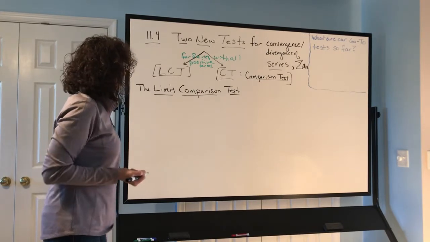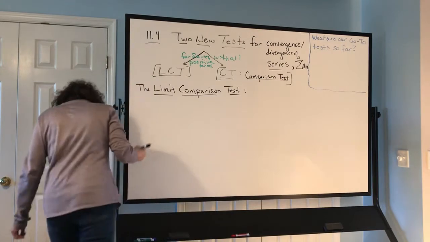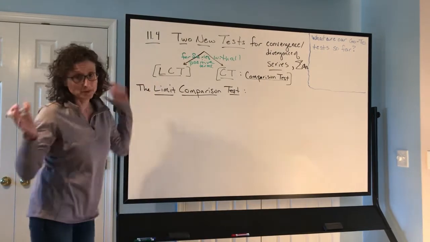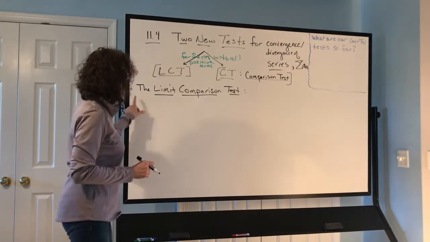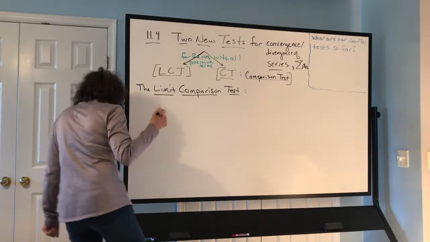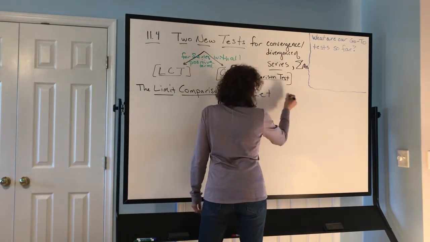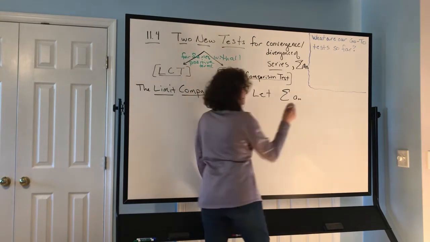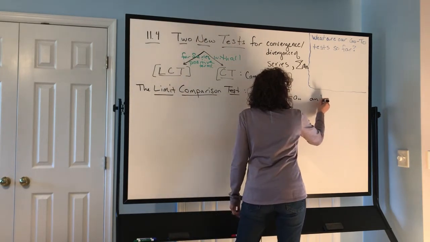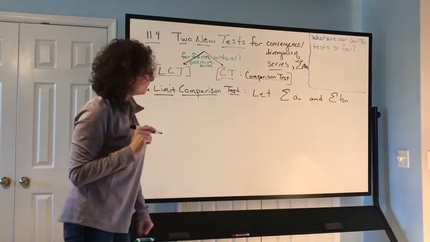All right, so what does the limit comparison test say? In fact, this is going to be a little bit more expanded version of the limit comparison test than is in your book. So we start with series. This time we're going to have 2 series, sum a_n and sum b_n.